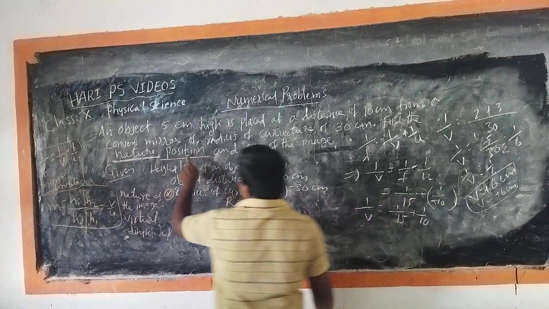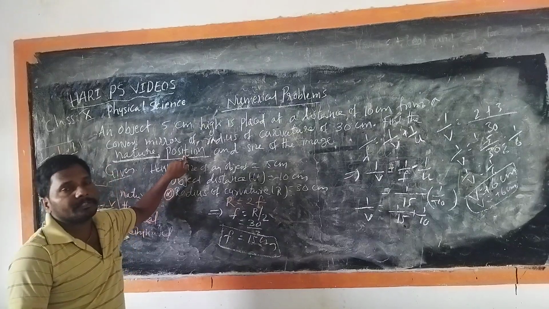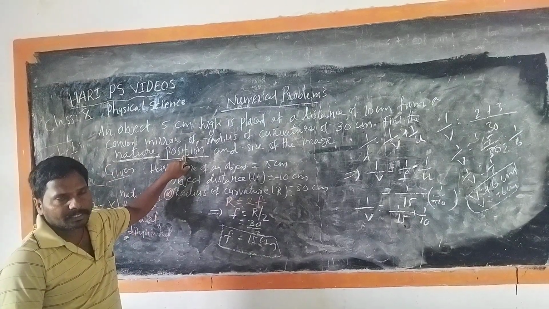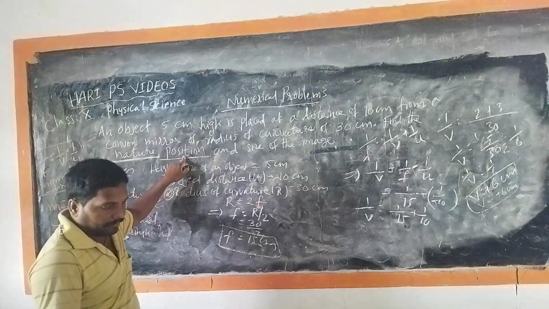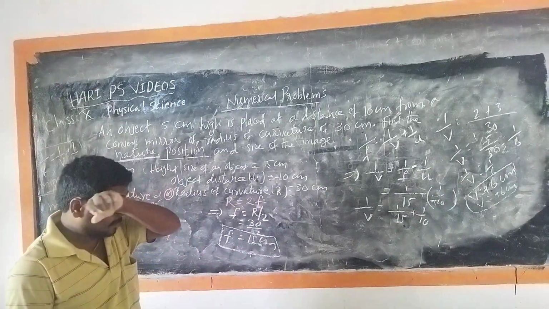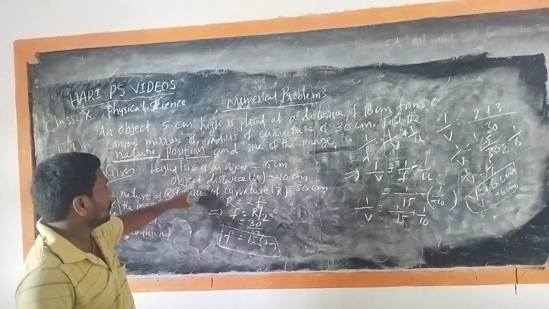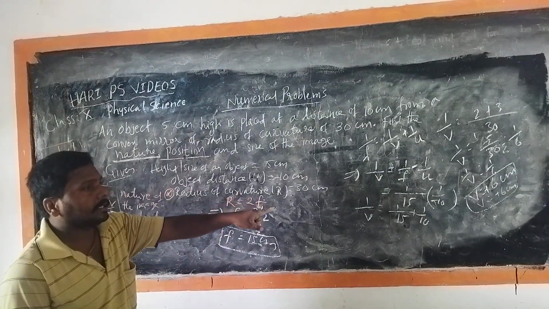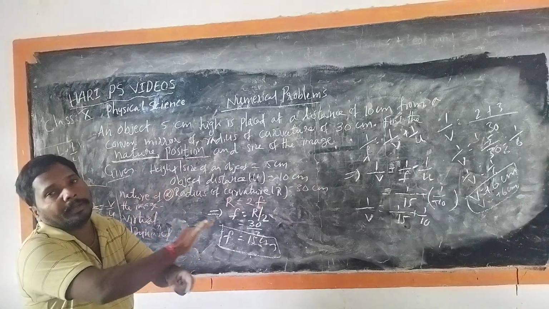What is the position of the image? The image is formed at 6 centimeters behind the mirror.